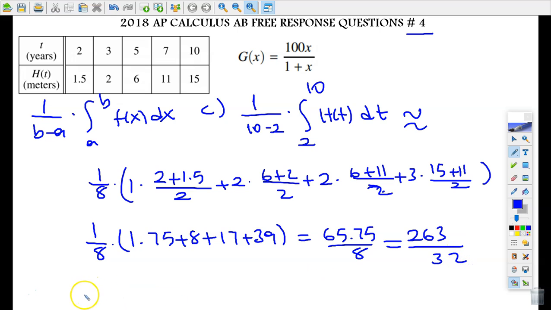So basically, my reasoning is the average height of the tree over this time interval from 2 to 10 is 263 divided by 32 meters. Okay. All right. Let's go on to part D.